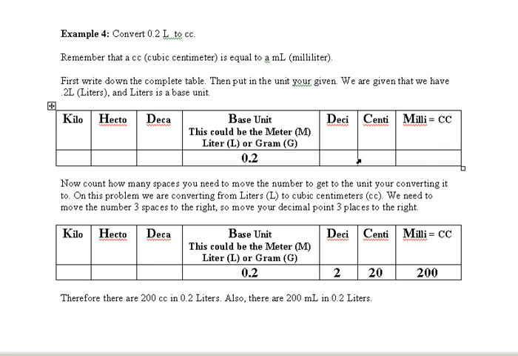So I need to move the decimal point 3 places to the right. Moving it one at a time, that would make it 2 deciliters. Move it to the right again, 20 centiliters, and 200 milliliters or cc's. So there are 200 cc's in 0.2 liters. Also, you could say there's 200 milliliters in 0.2 liters, since a milliliter and a cc are the same thing.